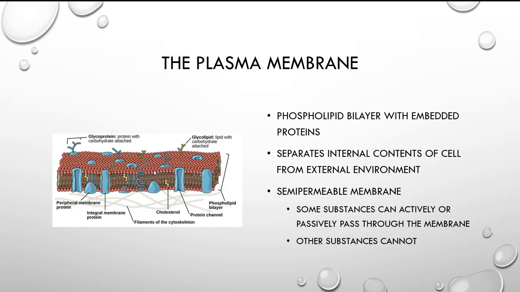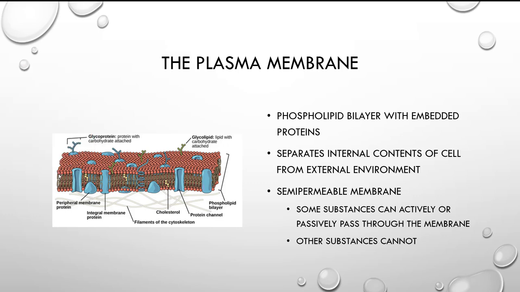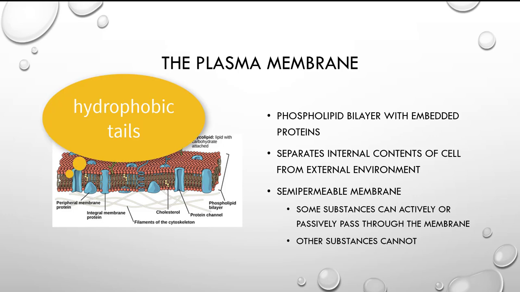So we talked about in our macromolecules video last week that our plasma membrane is composed of a phospholipid bilayer. So remember that phospholipid lecture. The phospholipid has a hydrophilic head, that's the little ball part, where the phosphate group is, and then a fatty acid tail.